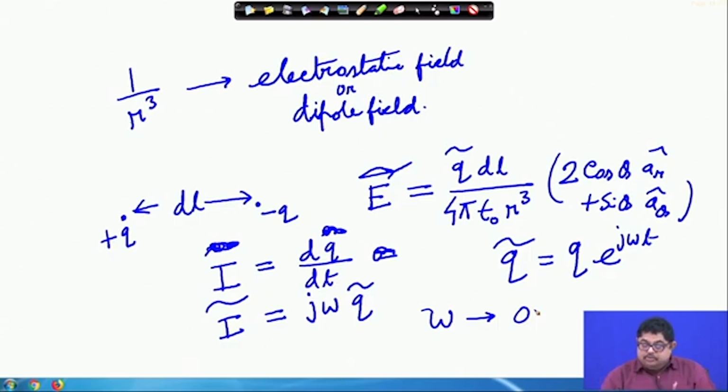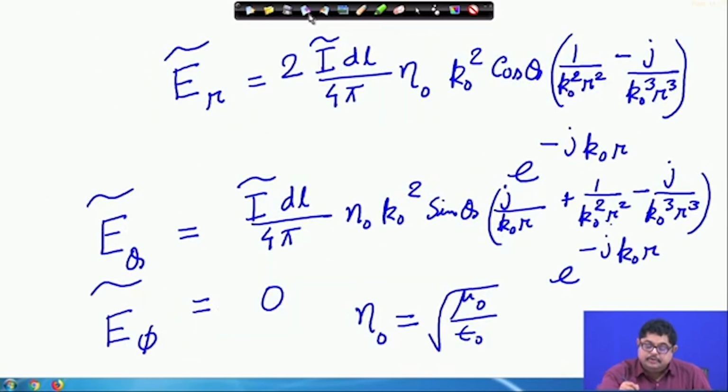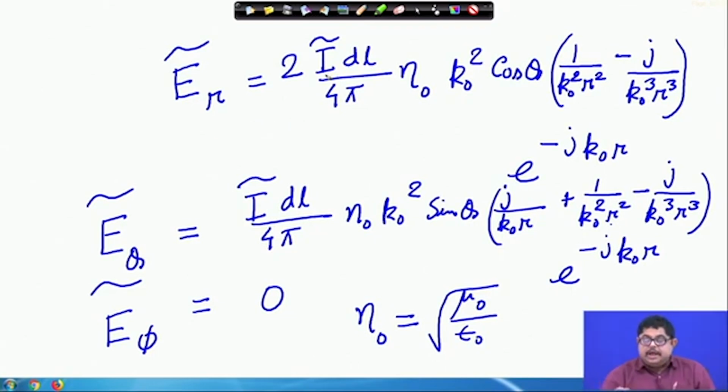That means, you go to our electrostatic field, let me see. Here in this electrostatic field, instead of I you write j omega q, and that omega you force to 0, you will see you will get these two fields.